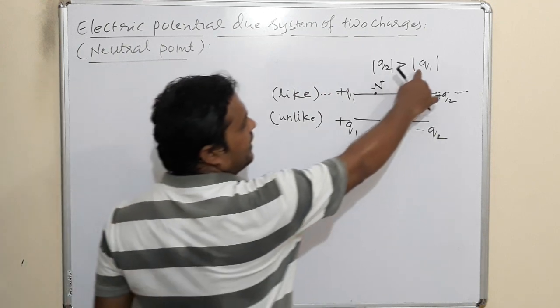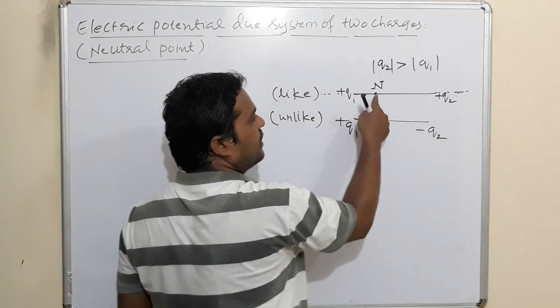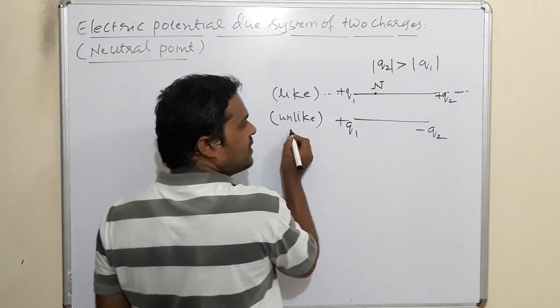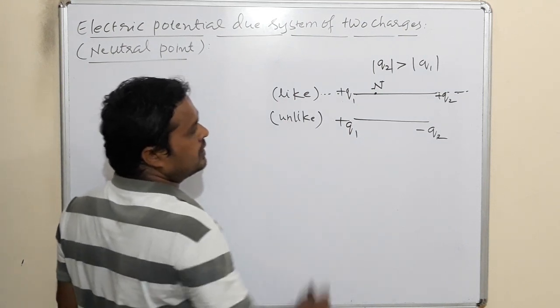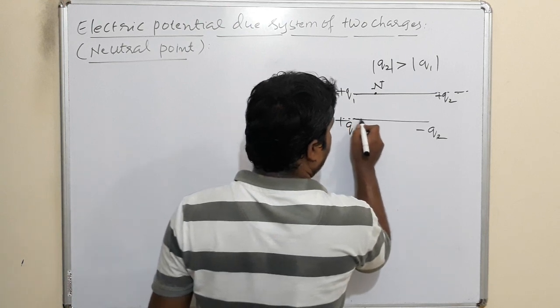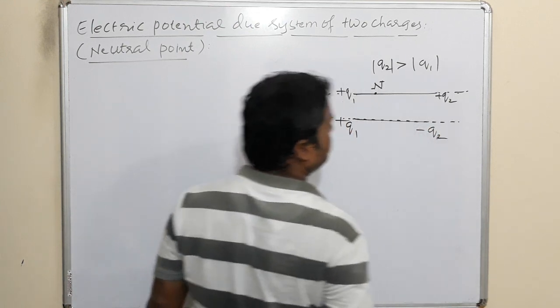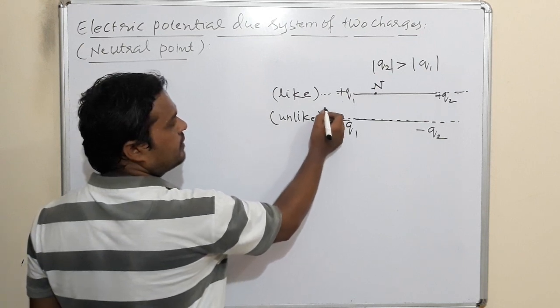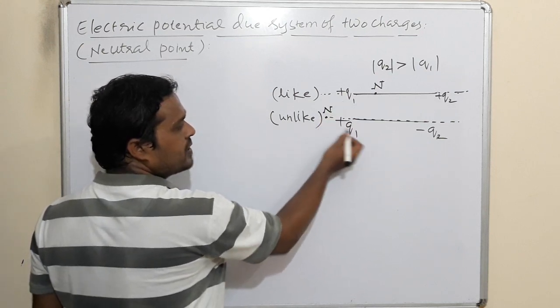Which charge is small in magnitude? Q1 is small in magnitude. Therefore, the neutral point exists closer to Q1. In case of unlike charges also, the neutral point exists on the line joining the two charges, but it exists outside. Still it is closer to the charge of smaller magnitude.